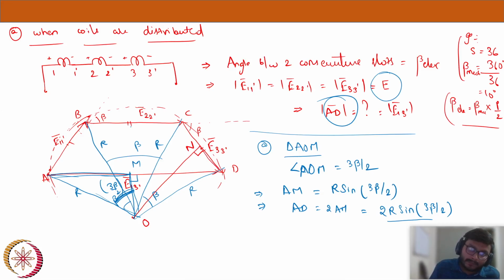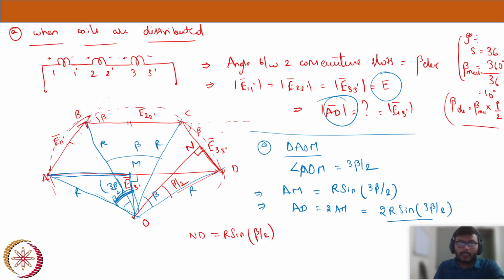I know the hypotenuse, that is the radius, and I know this angle. This total angle is beta, and this angle will be beta by 2, right? And my ND will be equal to R sine beta by 2.